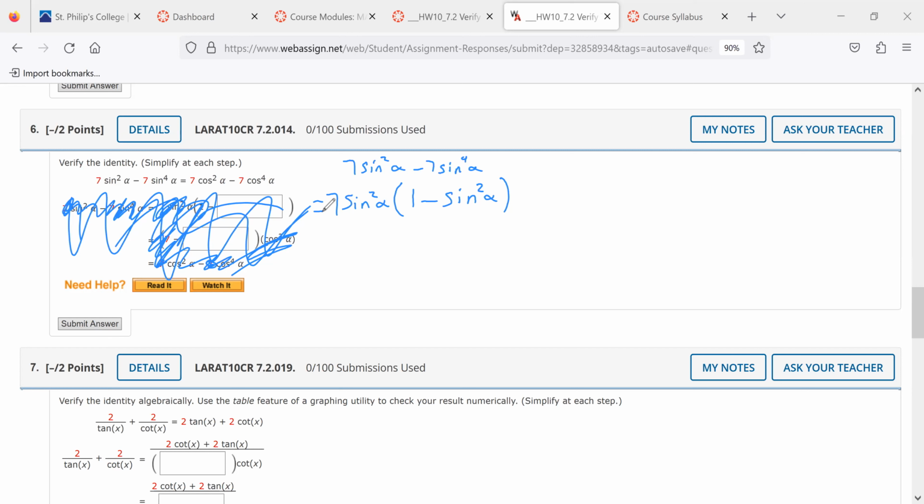Now let's do the Pythagorean. What is sine squared equal to? This piece, right? Sine squared is equal to 1 minus cosine squared, so we can switch that to cosine because we want nothing but cosine. So go ahead and apply your identities. Uh, 1 minus sine squared.